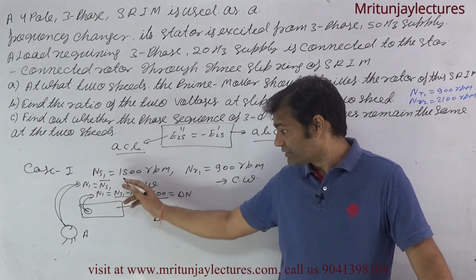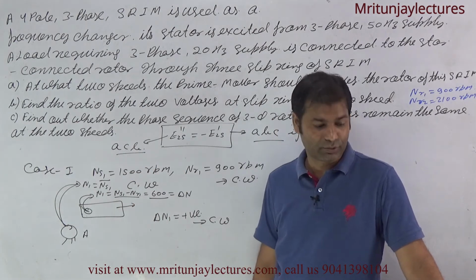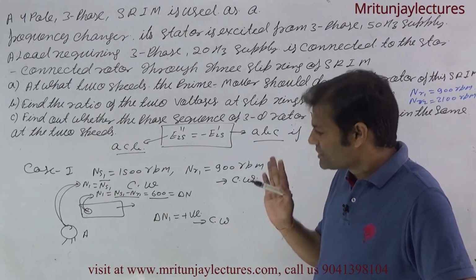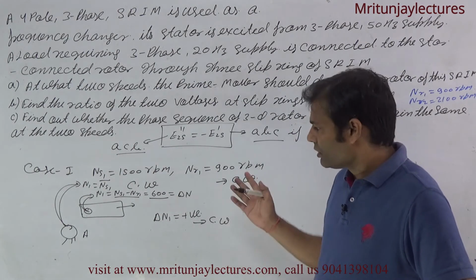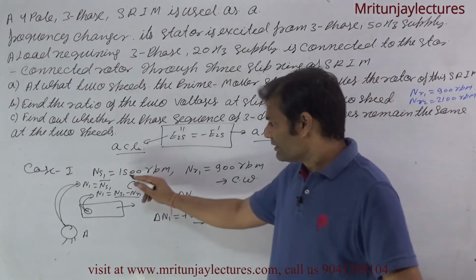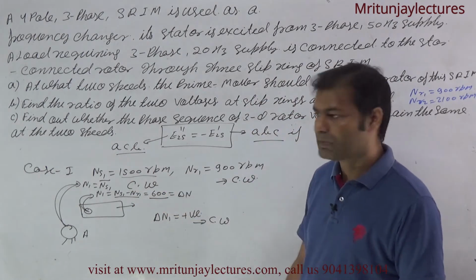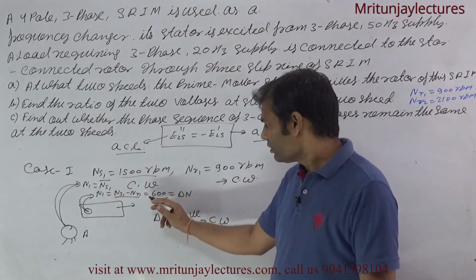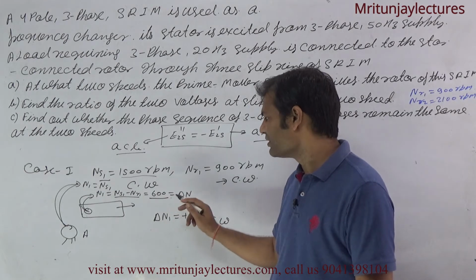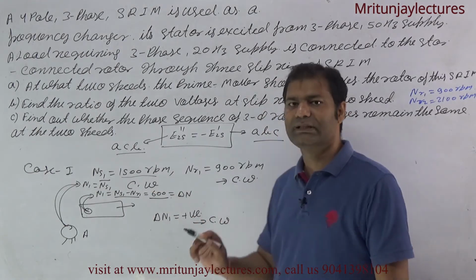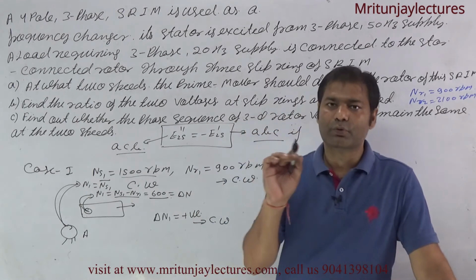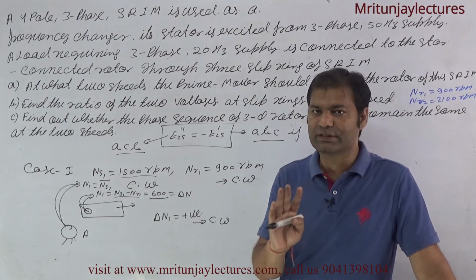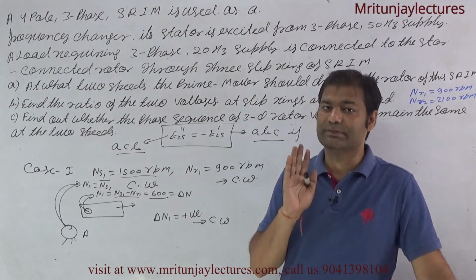Now before the rotor starts, relative speed in the direction of the stator field is 1500 RPM. After the rotor rotates in the direction of the stator field, the relative speed is 600 RPM in the same direction. So if the stator phase sequence is ABC, then the rotor phase sequence is also ABC.